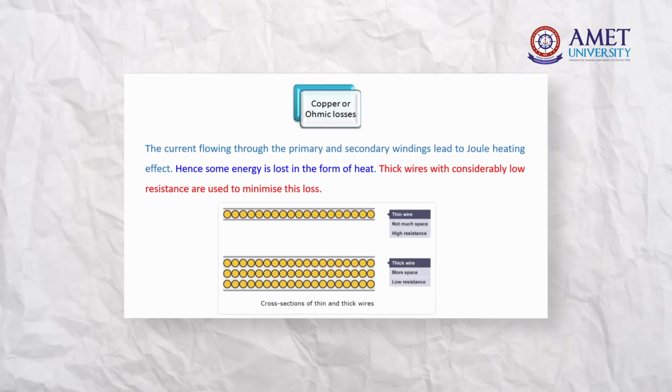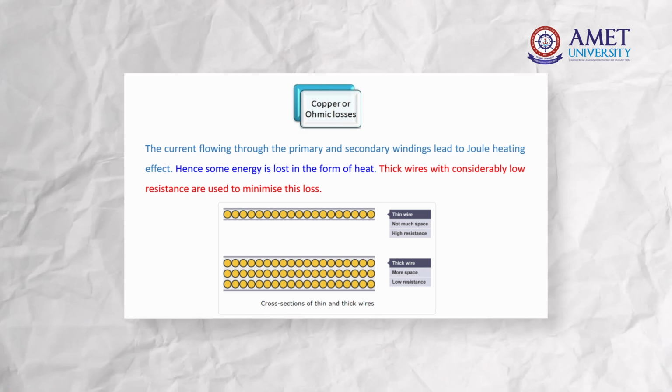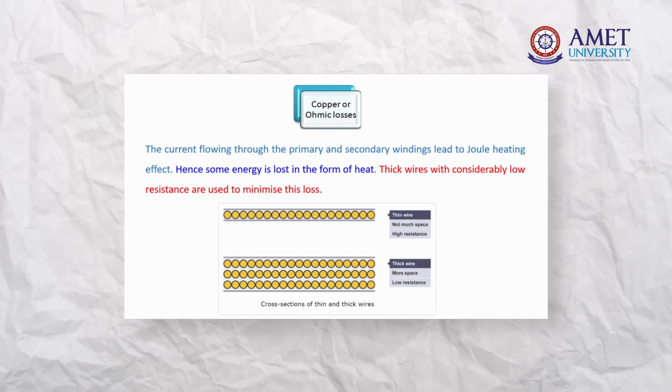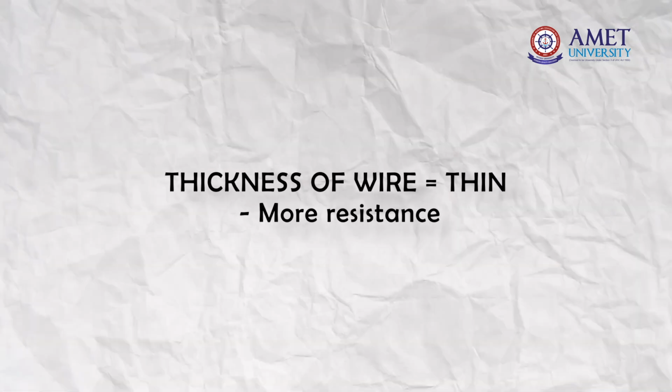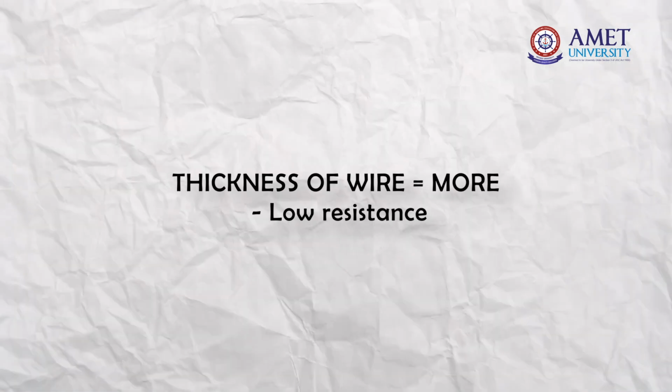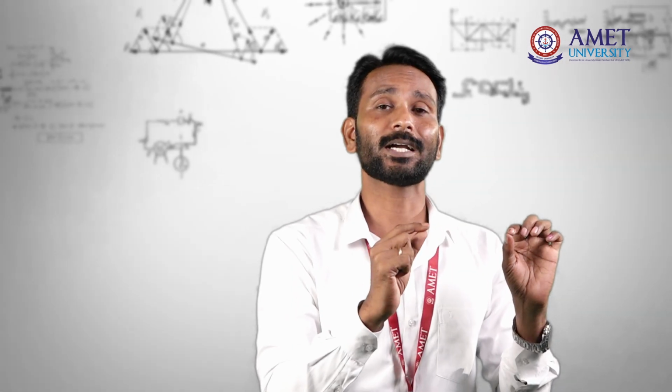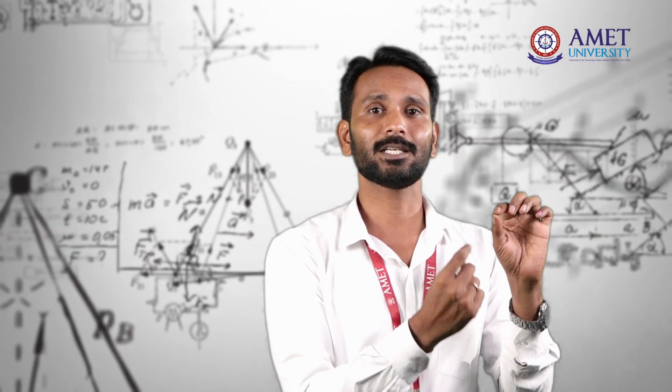Copper or ohmic losses depend on the thickness of the wire.